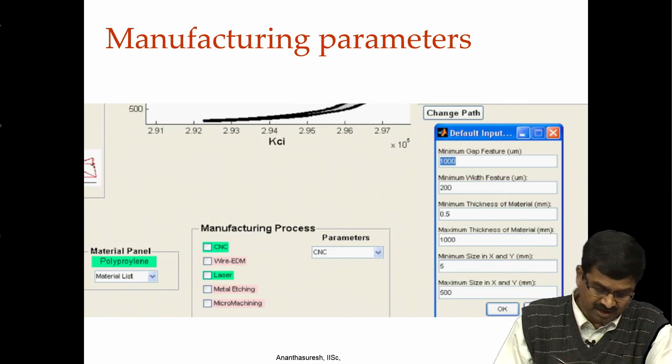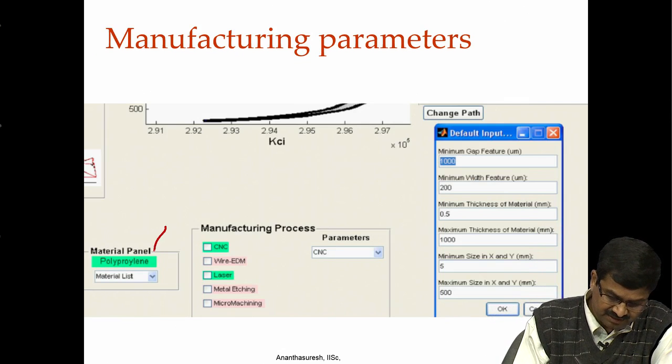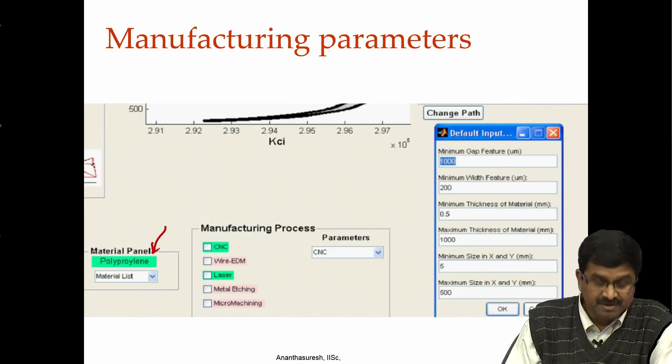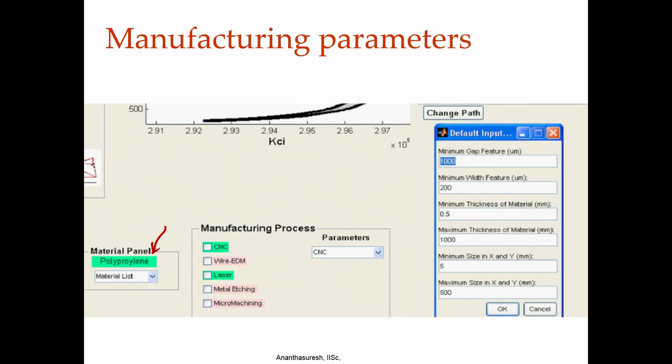So we have indicated over here in this program material, in this case polypropylene, and CNC and laser or the processes that are loaded. Once you choose a process, let us say CNC machining, then minimum gap feature, minimum width feature, minimum thickness, maximum thickness, and minimum size and maximum size, all these parameters you can put in for what can be done with that process.